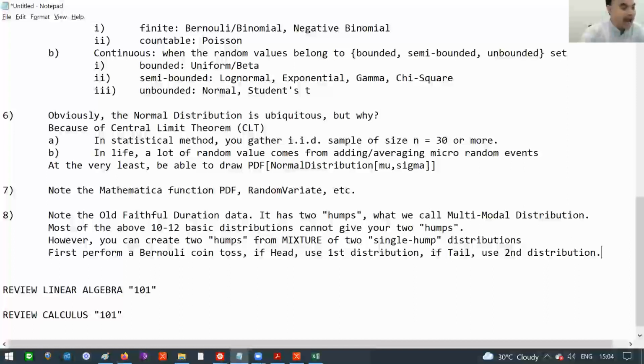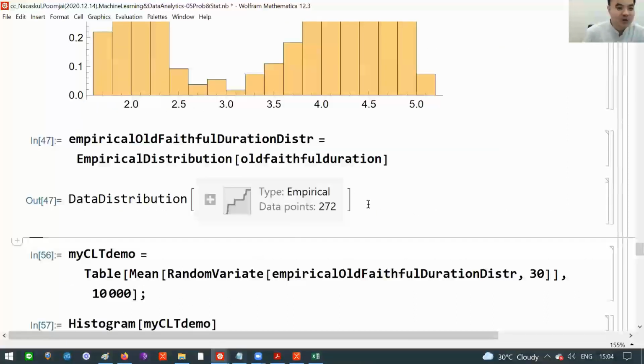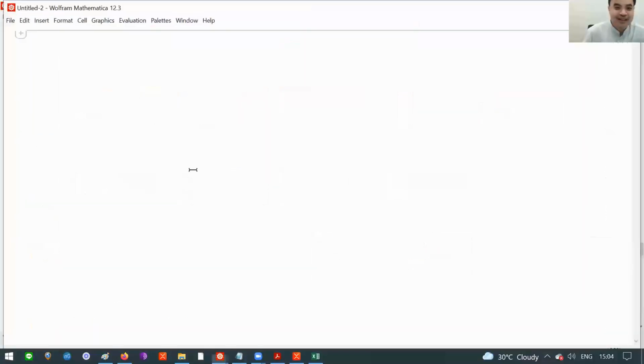How would that look? Well, it's very easy. Let's say we have a PDF.